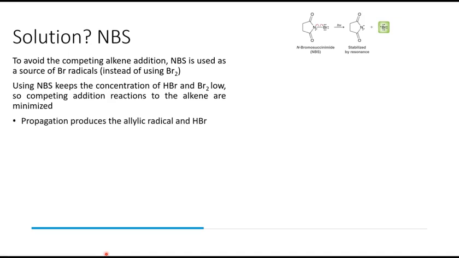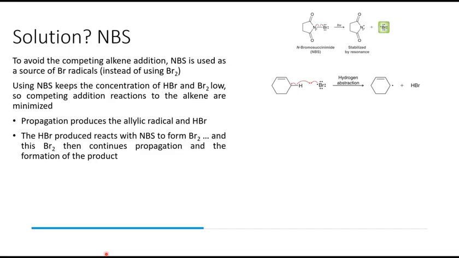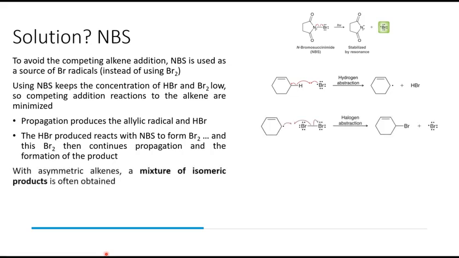Propagation produces the allylic radical and HBr, as we can see here. The HBr produced reacts with NBS to form Br2, and this Br2 continues propagation and the formation of the product. With asymmetric alkenes, a mixture of isomeric products are often obtained.